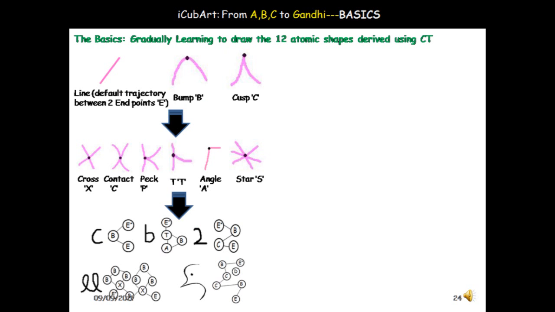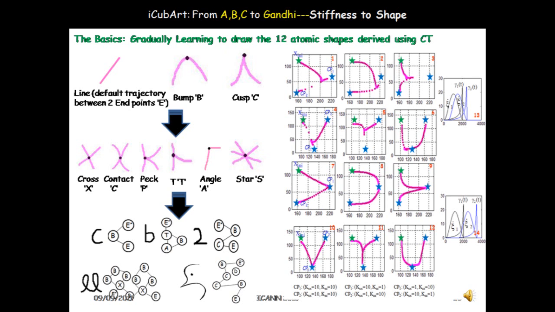So we basically started teaching iCub the basic shape critical points like the line, bump and cusp, and then we moved to the rest of the composite shape primitives. These are some results in the article on the initial trials.